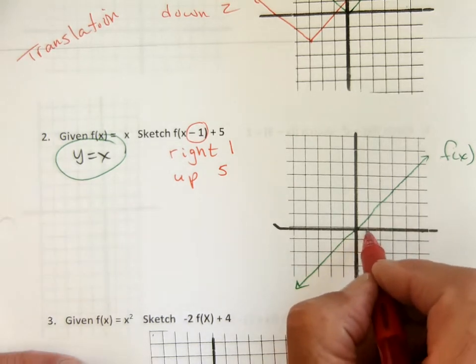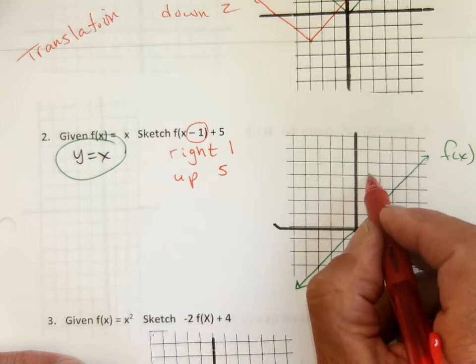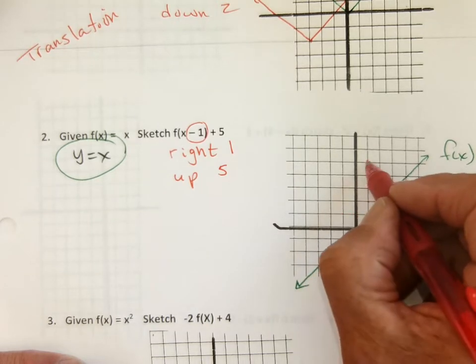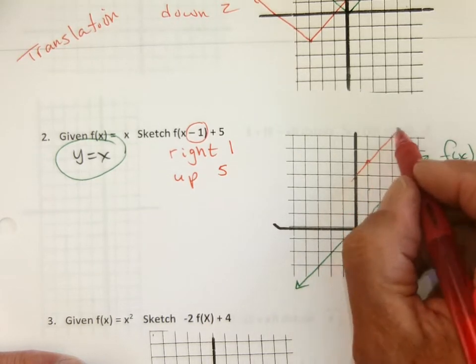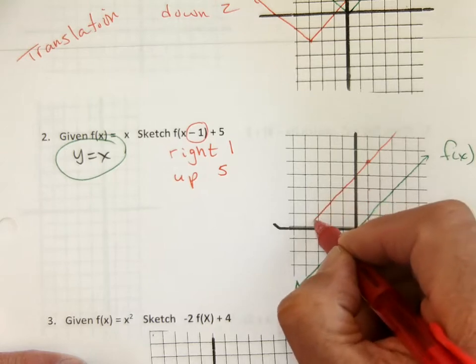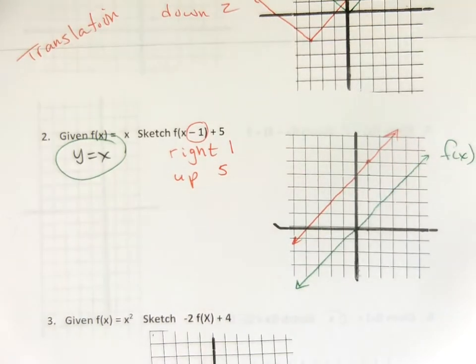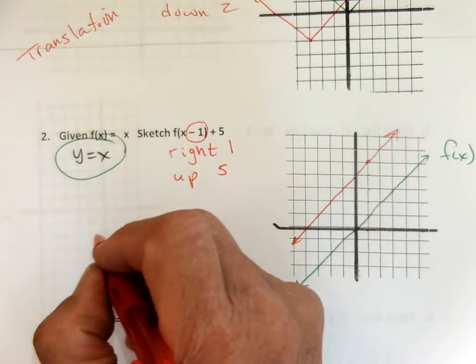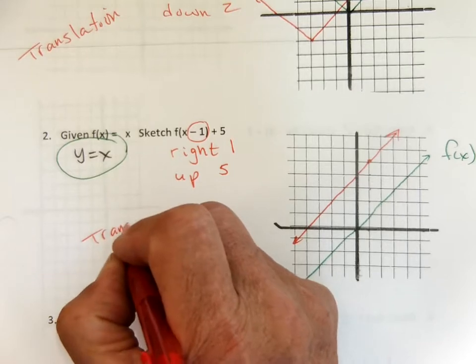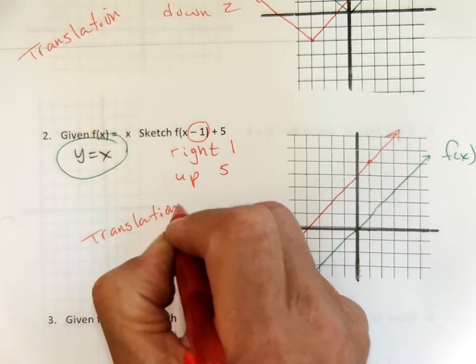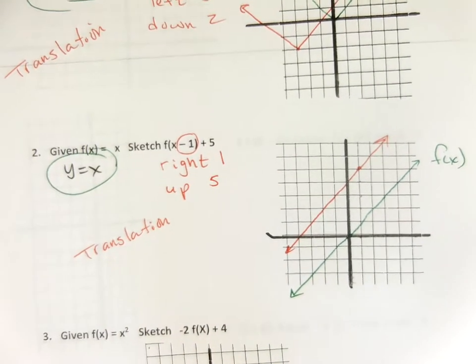I'll go 1, 1, 2, 3, 4, 5. And there it is. Okay, how's that? That is also a translation. We didn't change the shape.